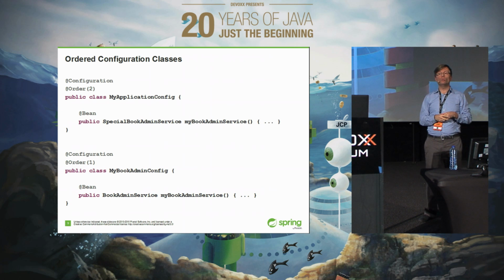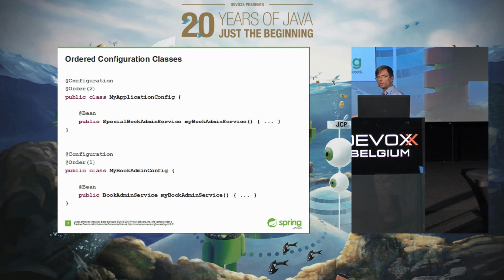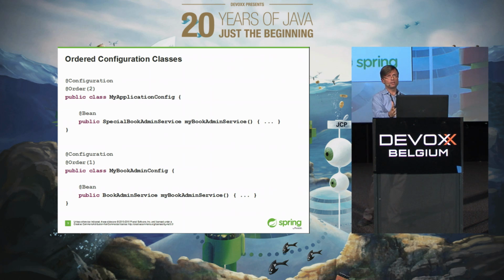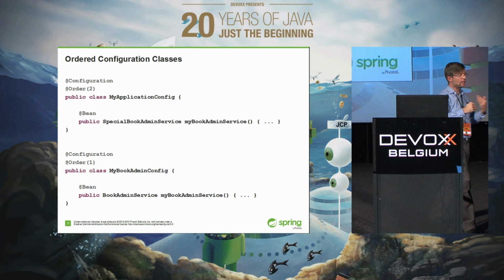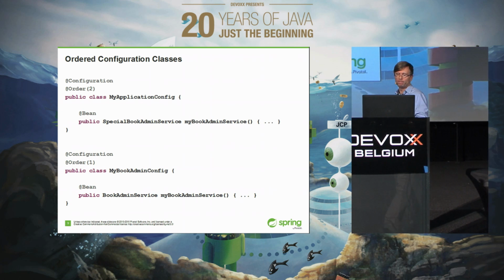Spring has a common @Order annotation, has had it for a long time, and it's almost universally used. Many components in Spring can be naturally ordered, even configuration classes. That's the way to look at this. If you happen to express an order on configuration classes, we're going to take it into account and always initialize the one with the lower order first.